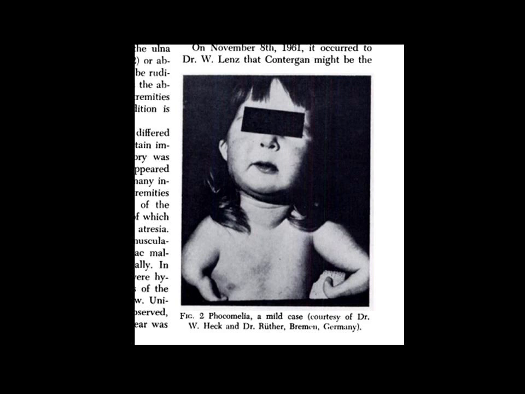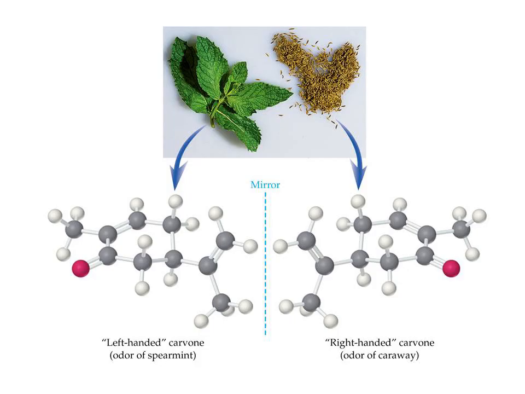There is also another quite demonstrative example, carvone. It is a plant-derived molecule which has a stereoisomer, and they look exactly the same, but they are mirror images of each other. The so-called left-handed carvone is actually the odor of spearmint, which gives spearmint its characteristic odor.